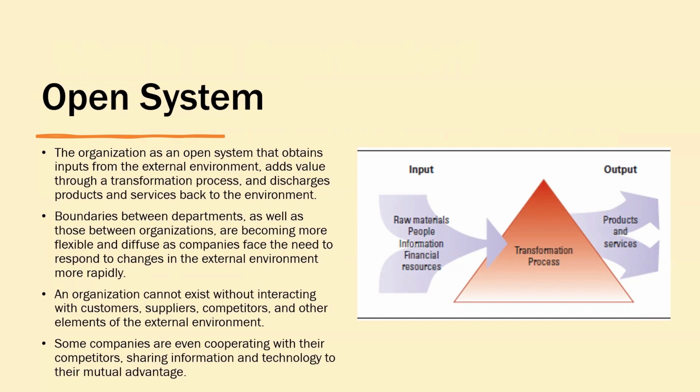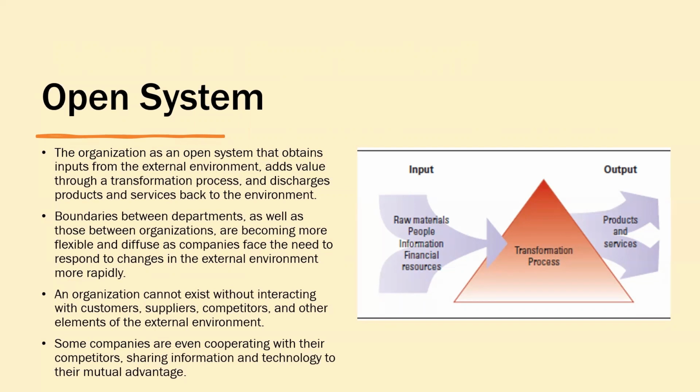The running of the organization, producing of the product, etc., is the transformation process. The transformation process can be quite complex, and that is where the organizational structure primarily comes into play. And then they deliver the products and services to the customer.